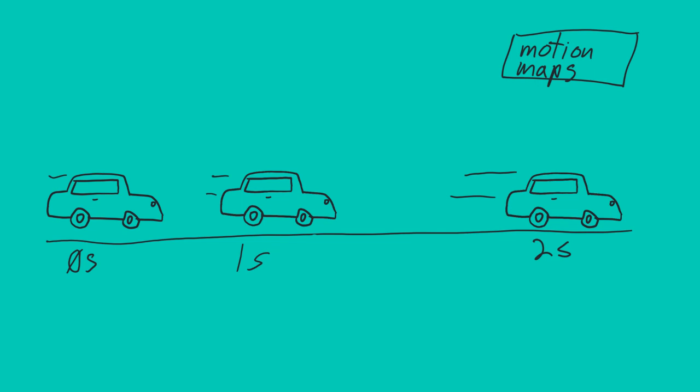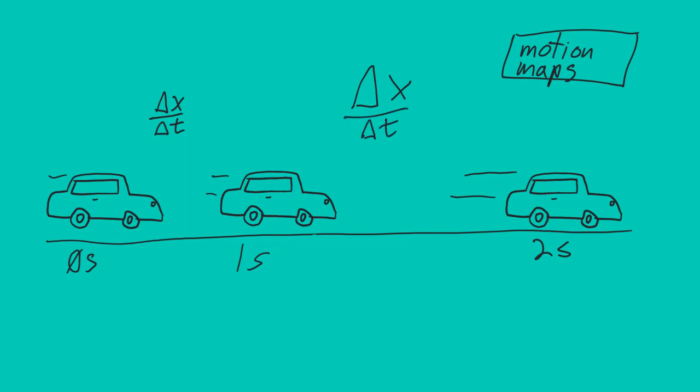This means that as we take our pictures, the car is getting faster and faster because the delta x is getting larger for the same delta t, right? So I can represent that. Here we have a delta x that's small over the same delta t. And here we have a larger delta x over the same delta t.